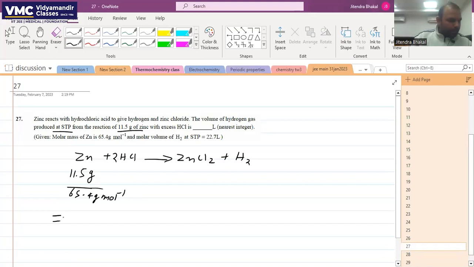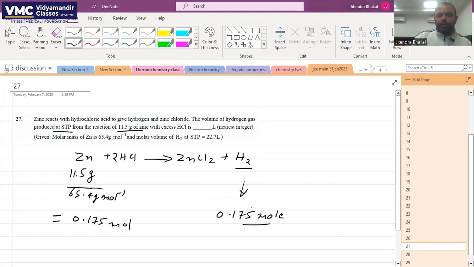So we get moles of zinc equal to 0.175. Since the stoichiometric coefficient of zinc is 1 and that of hydrogen is also 1, the moles of both species will be the same. So moles of hydrogen is also 0.175.